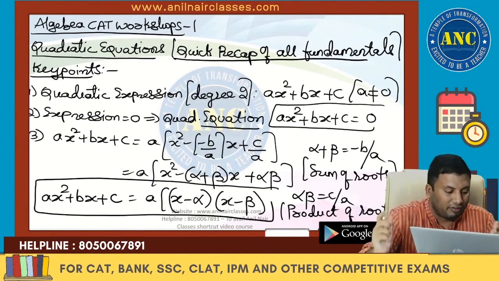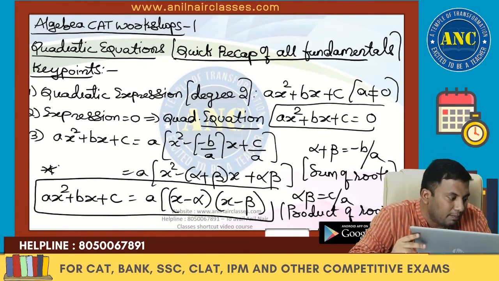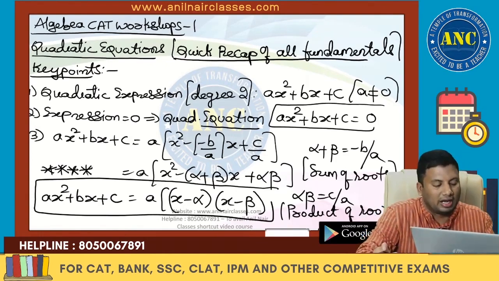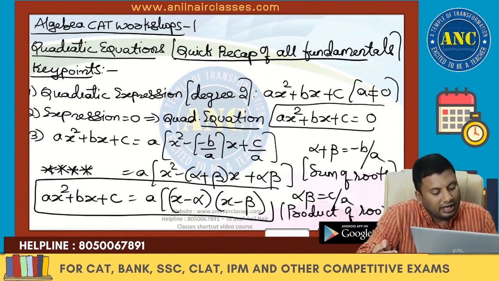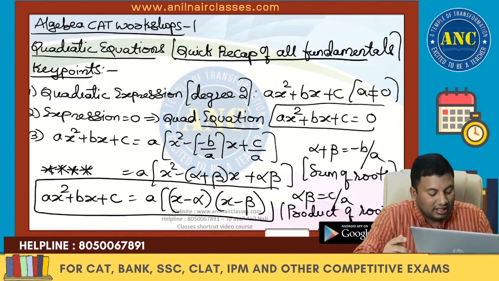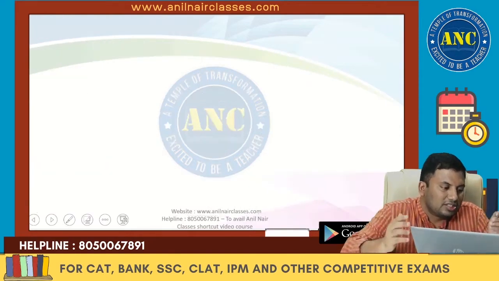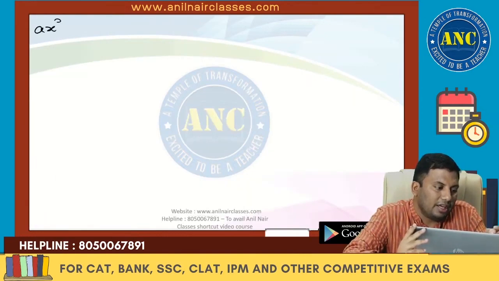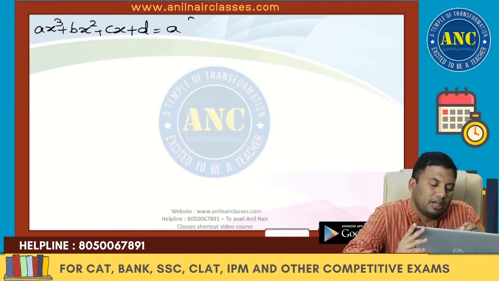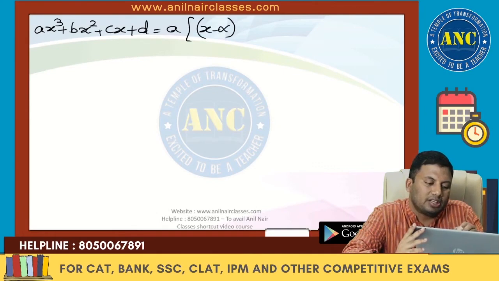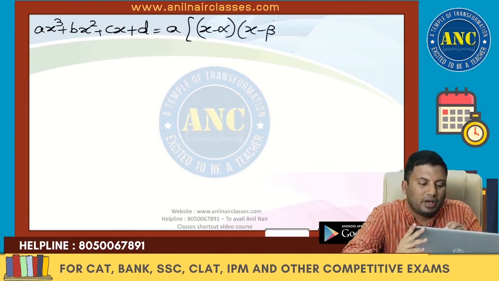Now listen carefully. This is a very important key point for me to extend the logic to a higher order equation. Ax square plus bx plus c is a into x minus alpha into x minus beta. Similarly, ax cube plus bx square plus cx plus d is nothing but a into x minus alpha into x minus beta into x minus gamma.